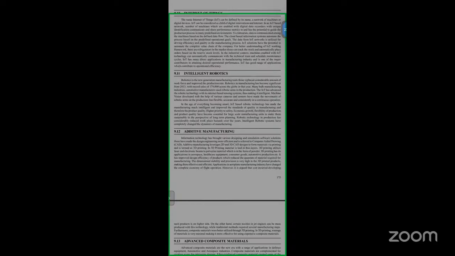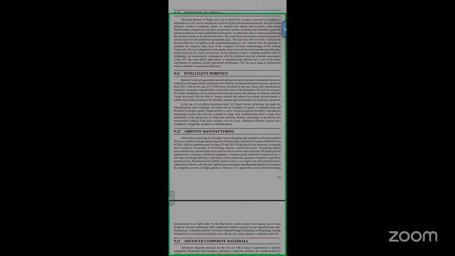And intelligent robotics is the new generation of manufacturing tools that replace a considerable amount of workforce and improve the production rate. Robotics in manufacturing has become significant since 2013, with record sales of 779,000 across the globe in that year. Many bulk manufacturing industries and automotive manufacturers used robotic arms in production.